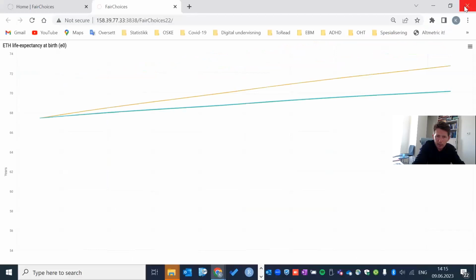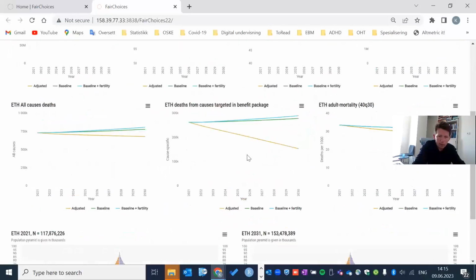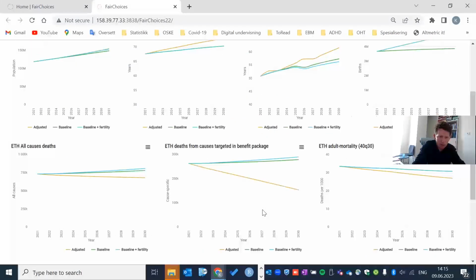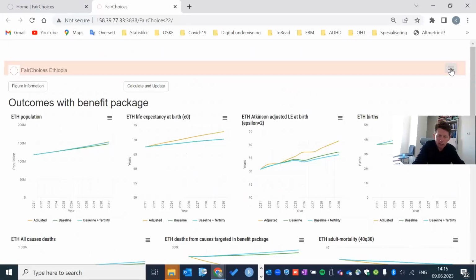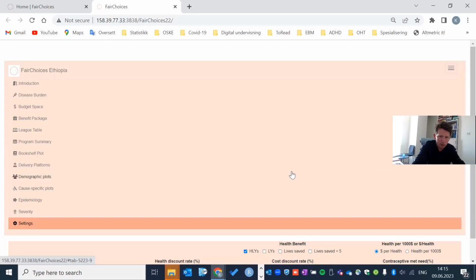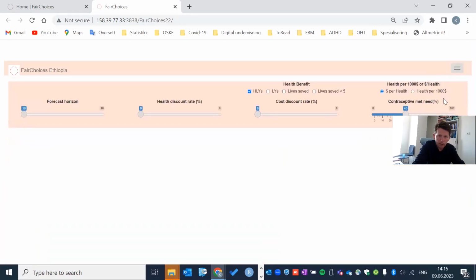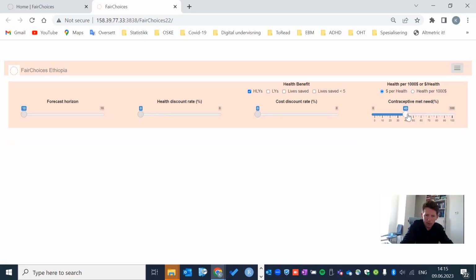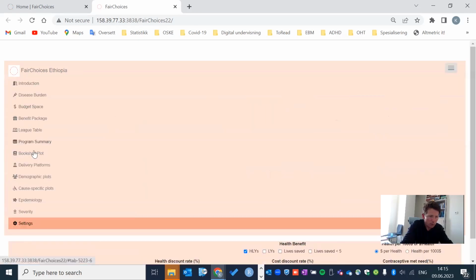We also have some information about births, and you can change the input on births by going to the settings, and you can scale up the contraceptive met need. If that's 40% now, you could increase this to 80%, and you could look at how that would influence your demographic plots.